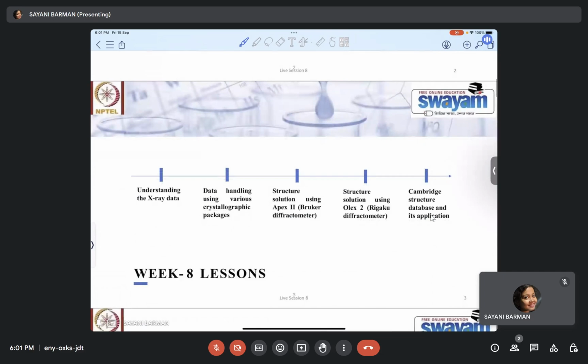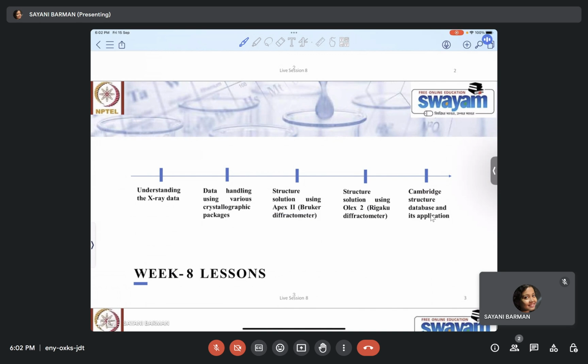Now on week 8, sir has taught us how to interpret X-ray data, how to deal with the raw data we get from the single crystal X-ray diffraction diffractometer, and then how to solve the single crystal structure in both Apex and OLEX softwares.